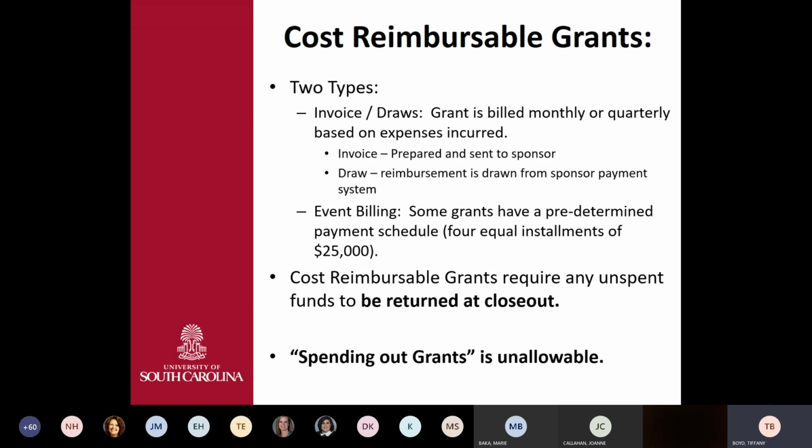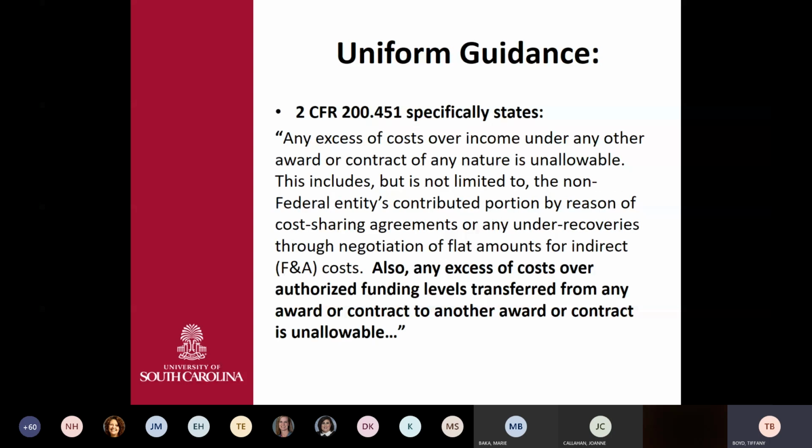That is unallowable. And auditors are specifically targeting those types of cost transfers. And if you want to know where it says that in the guidance, it's section 200.451.